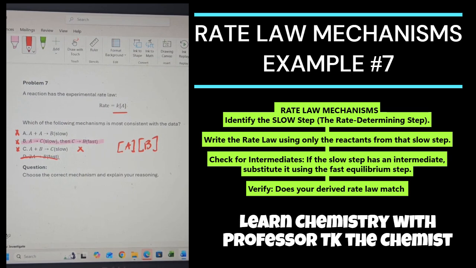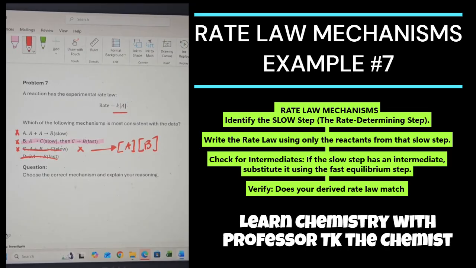Remember, although letter B also has a fast step in part of the answer, if you look at the fact that it started off slow, then fast, that's why. And again, A and B would mean that your rate law would have to look like this, but it does not. So we're going to cross that one out.